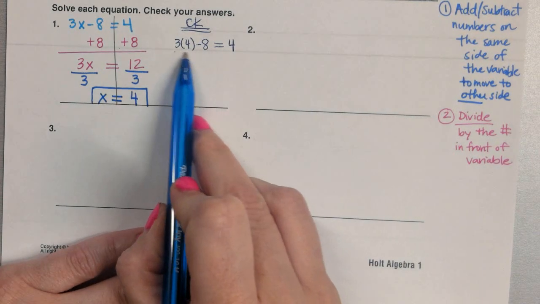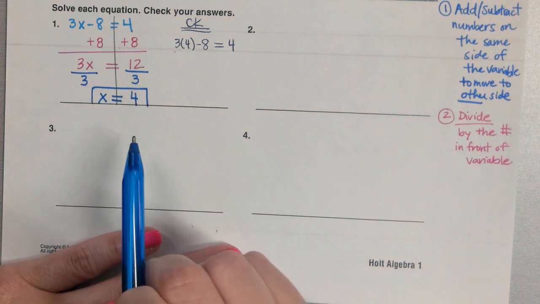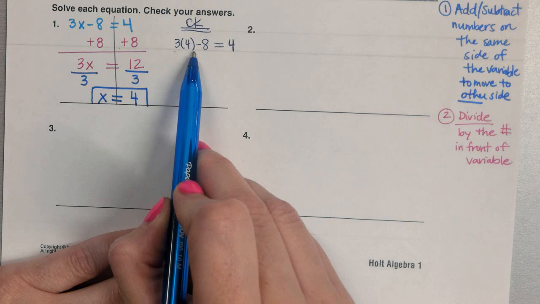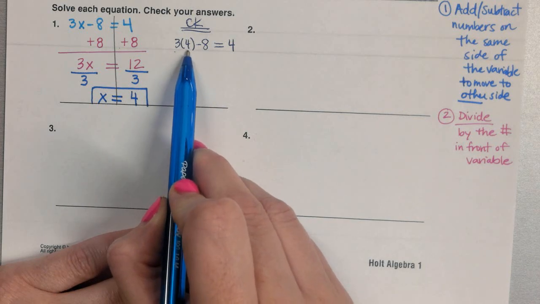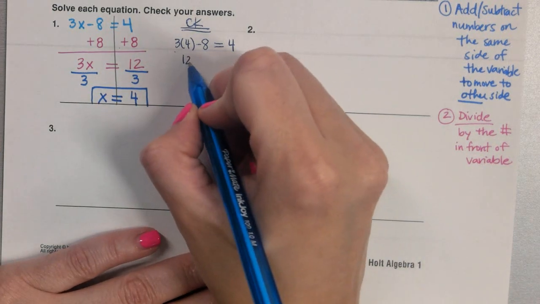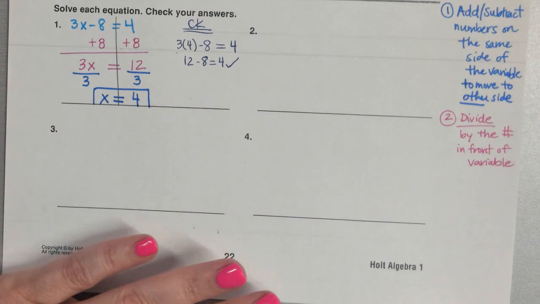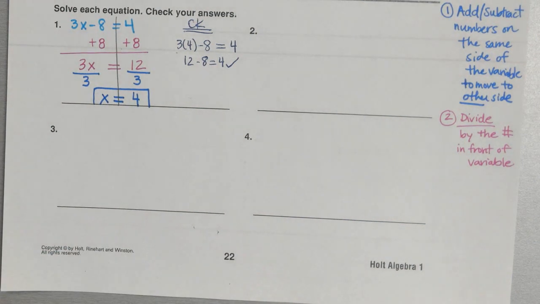You could put all of that in your calculator at one time. Well, what is 3 times 4? 12. Is 12 minus 8 going to be 4? Yeah. So when you're checking it, you're just plugging it back in to make sure it works. Okay?